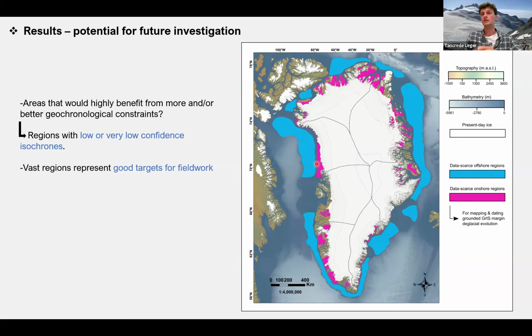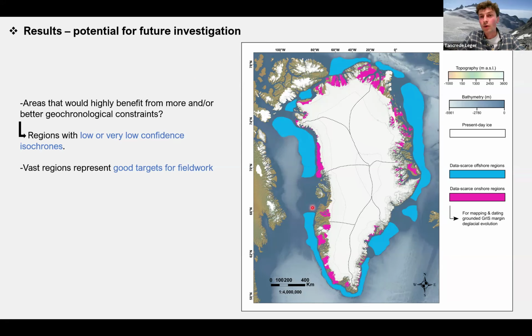And so from that data set, I was able to reconstruct this map of places that we consider as data scarce onshore and offshore. As you can see, there's a lot more space to explore offshore. I mean, that's not surprising. It's much harder to conduct work there, but at least it gives a sort of first order estimate of where it is really useful to go and sample. And it shows that we have a lot of work to do to do more sampling, actually.